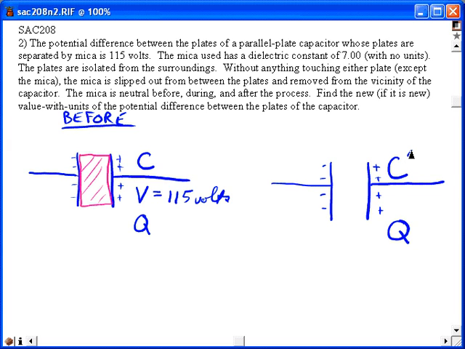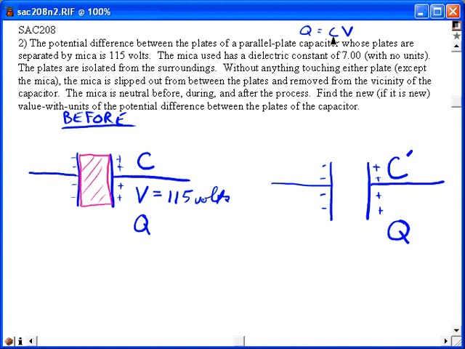Call the capacitance C prime. That does change because the capacitance depends on the dielectric that's in there. And furthermore, if I change C, keeping Q the same, then V has to change so that the product CV is still the same.